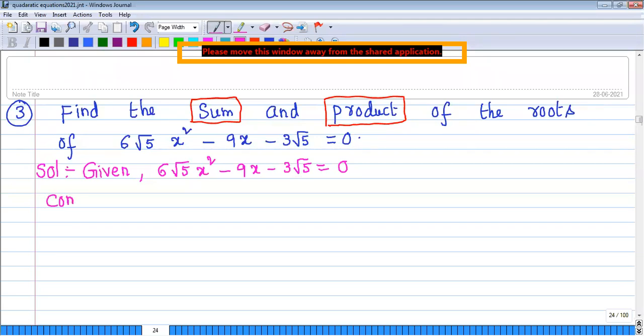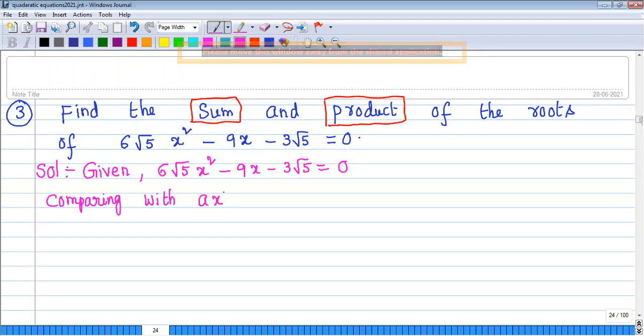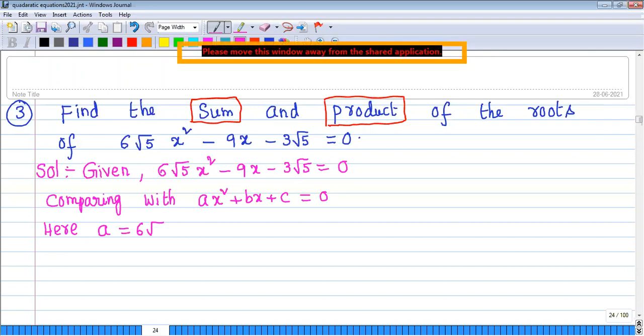Comparing with ax square plus bx plus c equals to 0, here a equals to 6 root 5. Am I correct? Yes, sir. If you have any doubt, you can ask me. b is equal to minus 9. c is equal to minus 3 root 5.